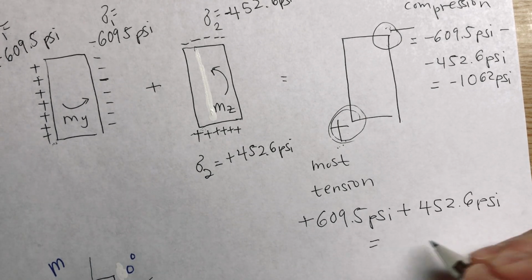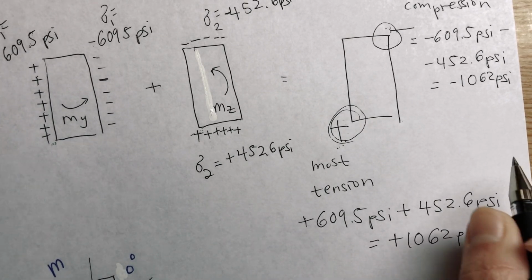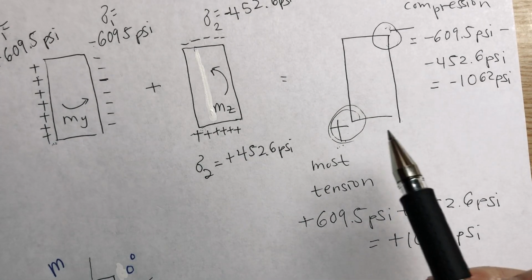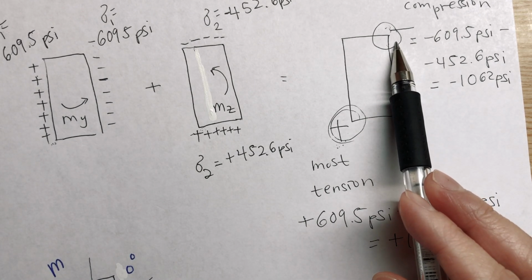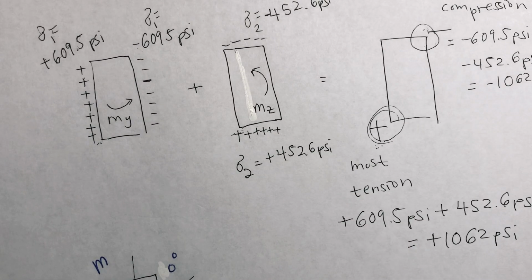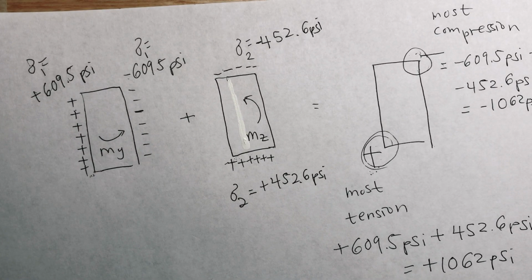So that's going to equal positive 1062 psi. So this is maximum tension here and maximum compression here.